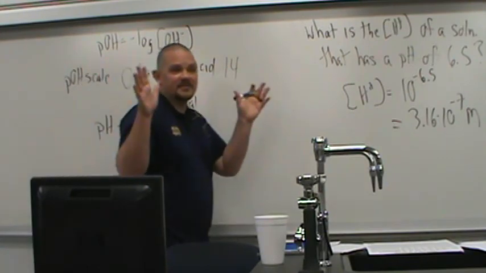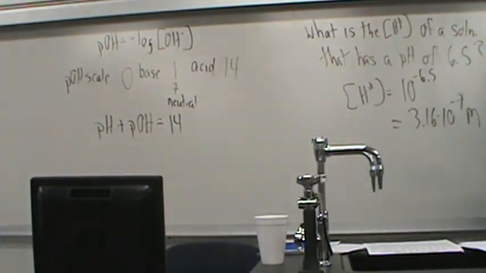Because since both scales go from 0 to 14, if we add the pH and the pOH together, they're going to be equal to 14. Okay. Now, one of the things I really like about this chapter is that with some of these problems, when you're trying to find pH, pOH, hydrogen concentration, and hydroxide, there's more than one route that we can possibly take to find this information. Okay?